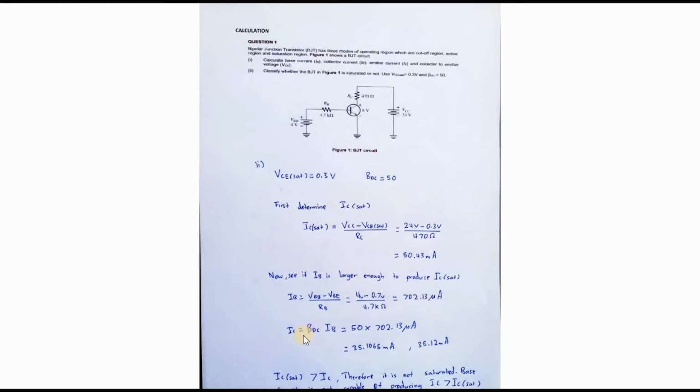For the IC, beta DC, the value which is already given 50, beta DC times IB, and we will get approximately 35.12 milliampere. So as finalized, we can say that IC saturation is greater than IC, therefore it is not saturated. The base current is not capable of producing IC greater than the IC saturation.